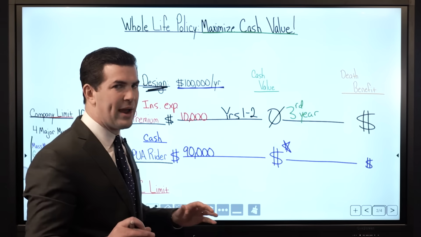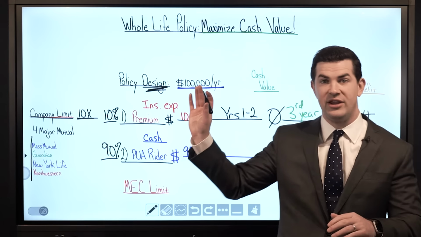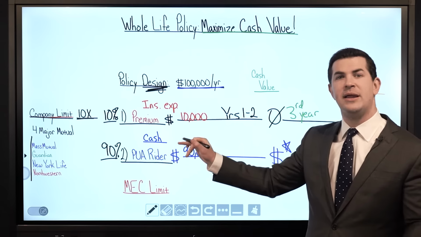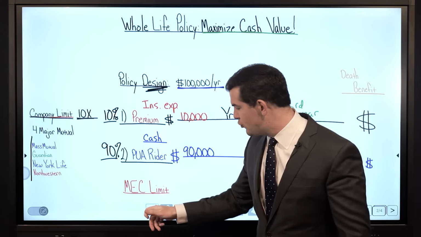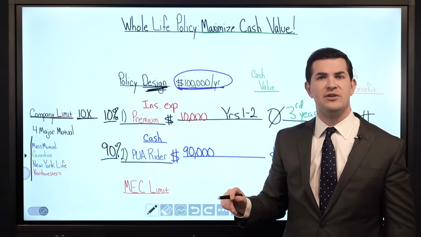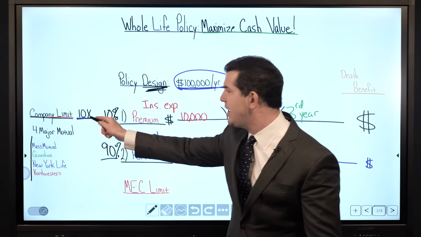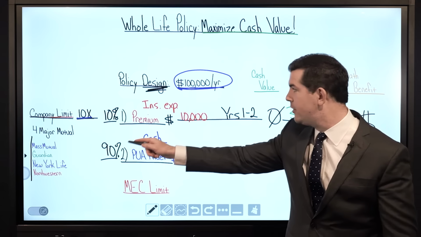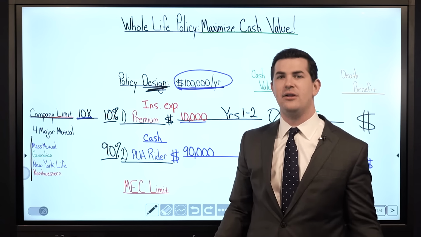So why I like to ask that question, how much do you want the ability to pay into a policy in any given year, is because it helps us determine what your minimum will be. Think of it this way. If you said, hey, I want the ability to put in up to $100,000 per year, knowing that the insurance company will allow you to 10x that minimum base premium, I know I need to set the minimum premium at least $10,000.